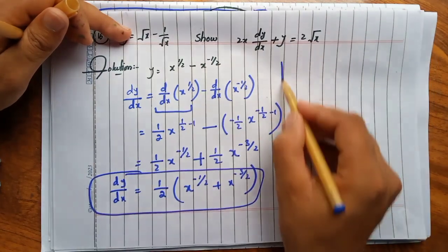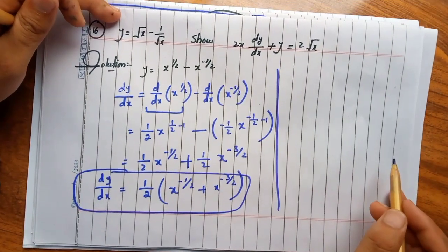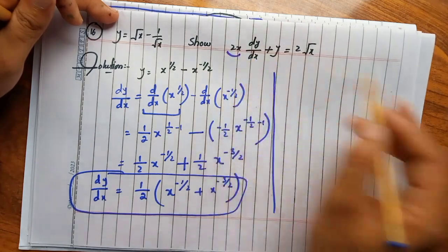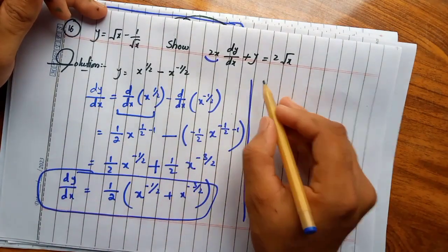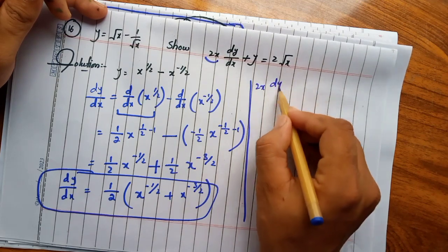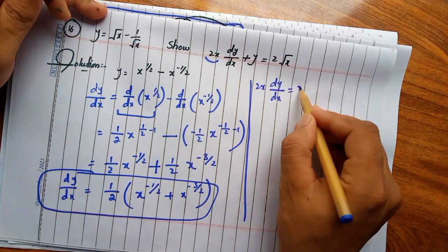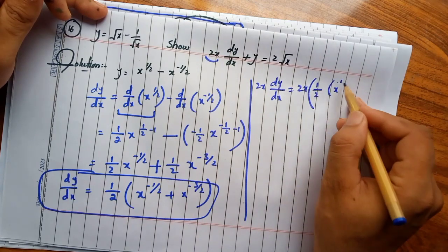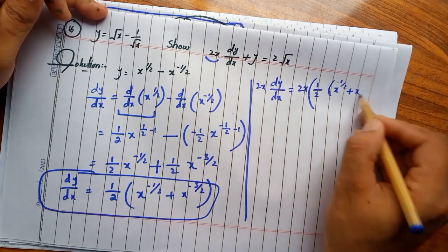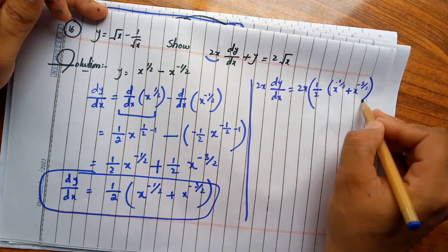Next we will multiply this expression with 2x. So by multiplying, the left side will become 2x dy over dx. Similarly on the right side, 2x times 1 over 2 of x raised to the power minus 1 over 2 plus x raised to the power minus 3 over 2.